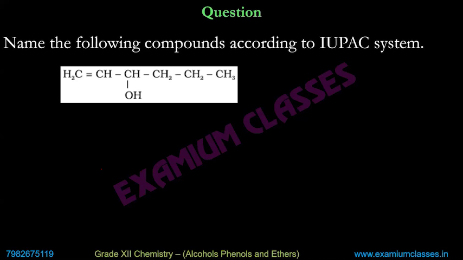Preeta, there is a double bond also. So mention the position of the double bond. You have written it correctly, but you need to mention the position of the double bond. Shashwat, no. Mehak mentioned the position of the double bond. Arohi, correct. Shashwat, mention the position of the double bond. Preeta, yes. Tuhina, yes.